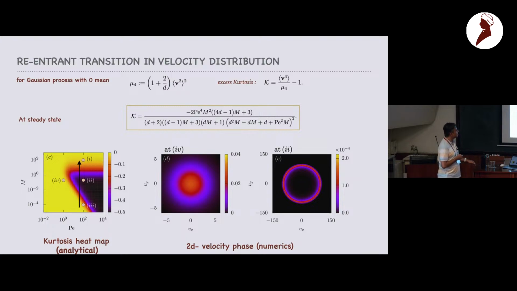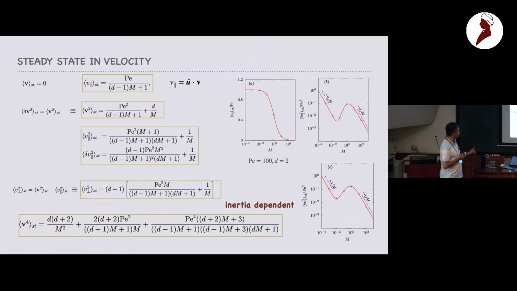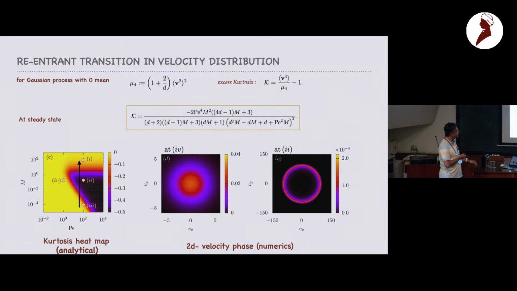And what you calculate here is the ratio of v to the power 4, this steady state quantity, and then the ratio of that. If I assume that my process was a Gaussian process, which it is not, and take my v square from this process, this will be the quantity that one will predict for the fourth moment. And this is the ratio of these two. So as a result, it occurs.